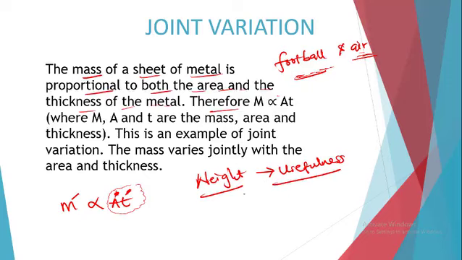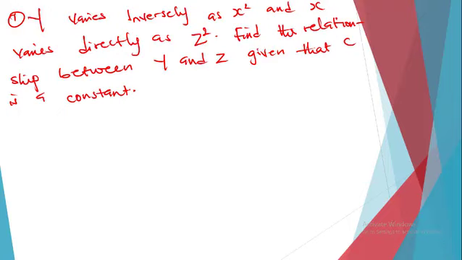So let us take an example. Let's solve the question on the screen. It says y varies inversely, mark the word inversely, as x squared, and x varies directly as z squared.